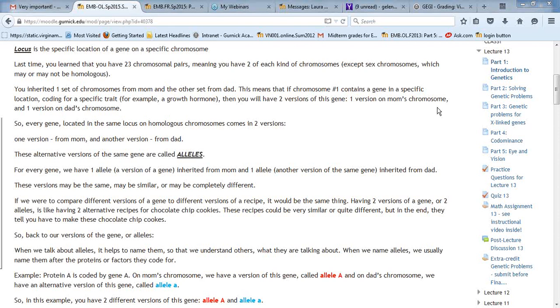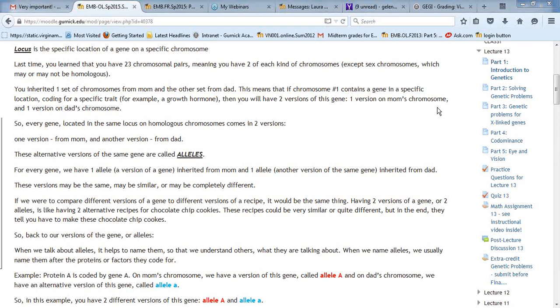157 in one recipe book, you will find a recipe for chocolate chip cookies. And the same page in the other recipe book will also be the recipe for chocolate chip cookies. So you're going to find the same gene in 2 different locations.